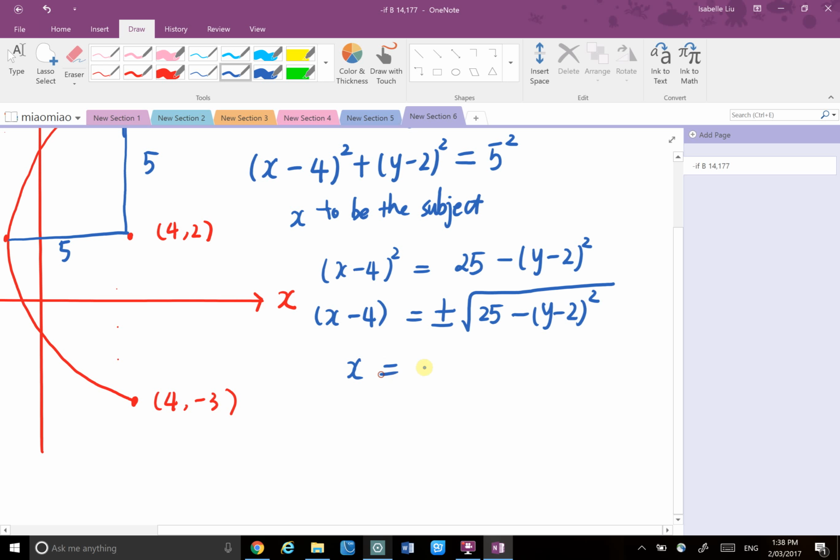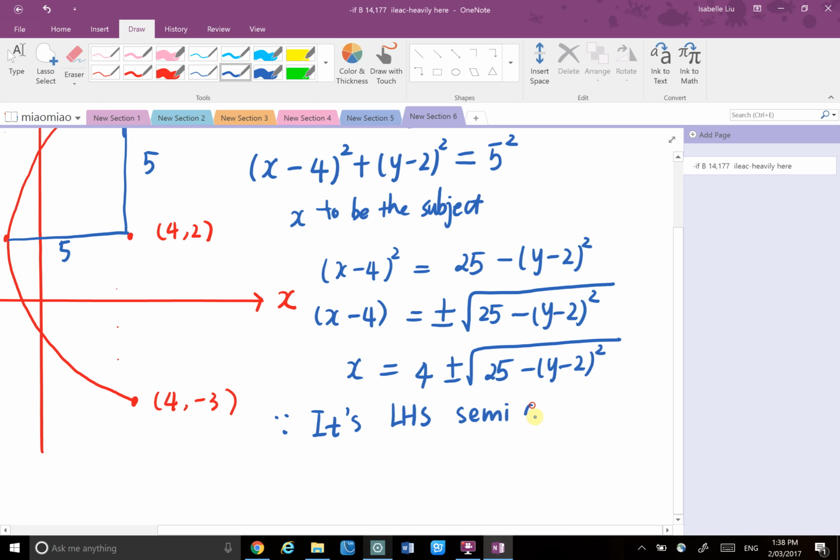Then x equals 4 plus minus square root of 25 subtract y minus 2 squared. Okay, because it's a left-hand side semicircle, so x will equal 4 subtract the square root of 25 minus y minus 2 squared.